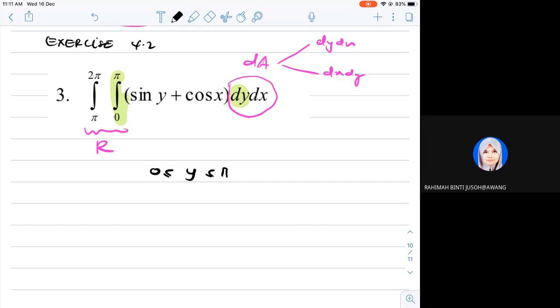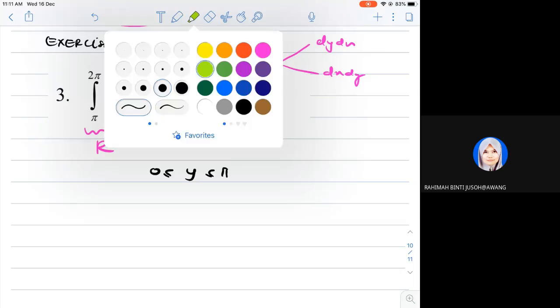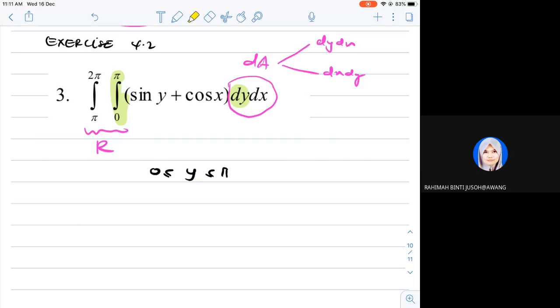Next, I will use the yellow color for x. X is the outer integral, so the limit for x also in the outer part. So we can have x from pi until 2 pi.